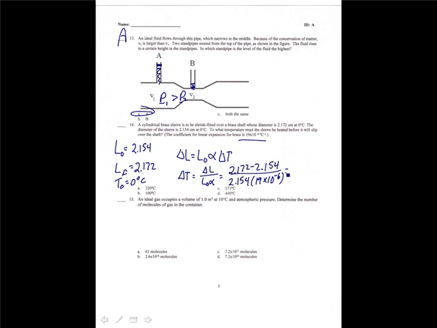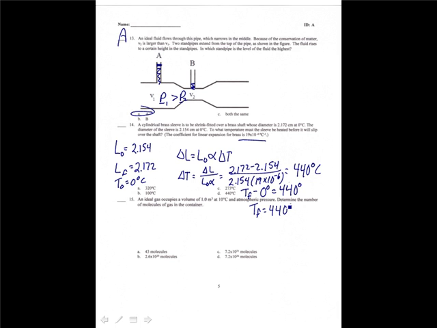And that's equal to 440. It actually didn't ask for the change in temperature, it asked for the final temperature. But since my initial temperature is 0, then T final is equal to the change in temperature. So T final equals 440.